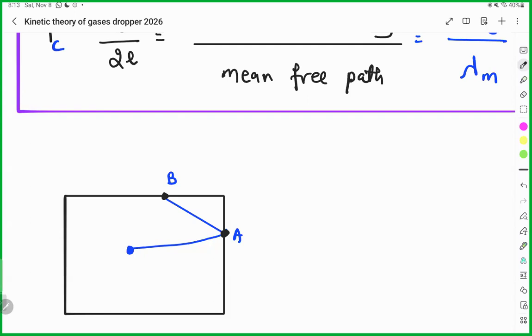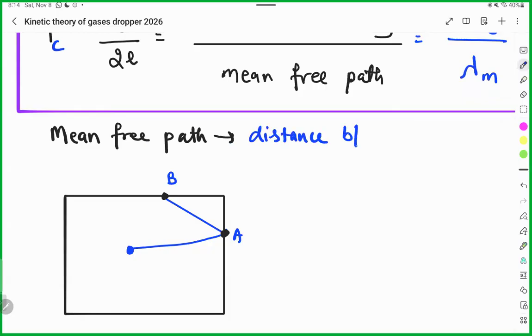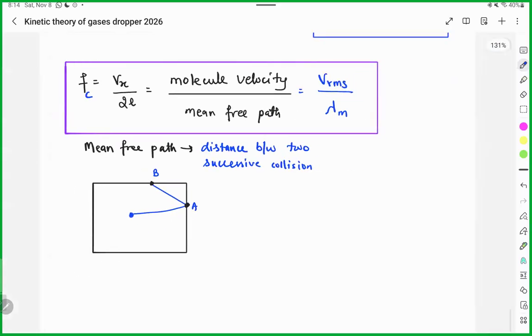Mean free path is the distance between two successive collisions. Got it? यस सर। Distance between two successive collisions.